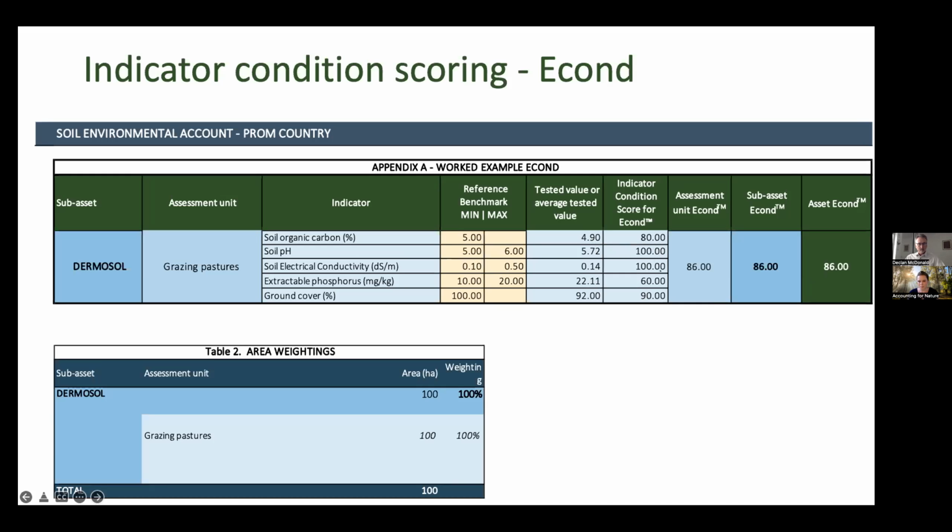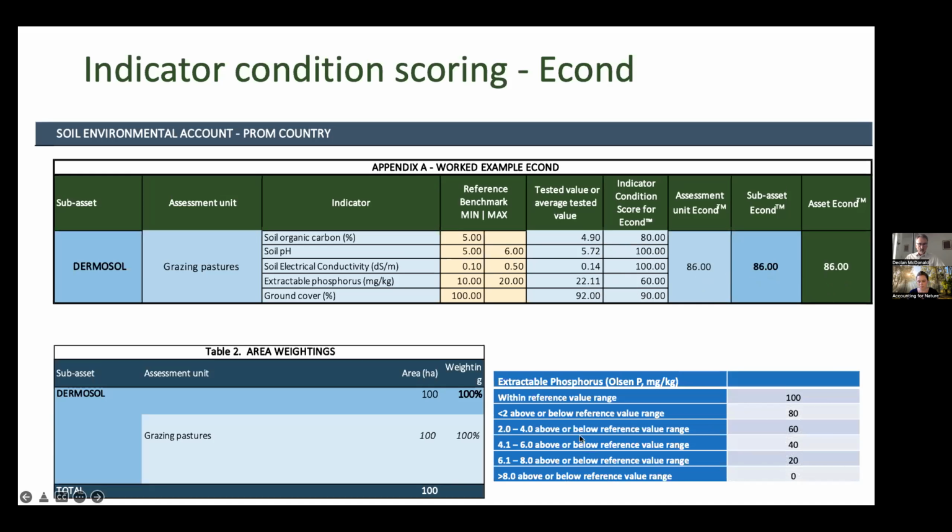And then we sum these values and average them to get our assessment unit econd. And because we've only got one assessment unit on this particular farm, it's all dermosol, it's all grazing, we have a single sub-asset score, and that's reflected there as 86.